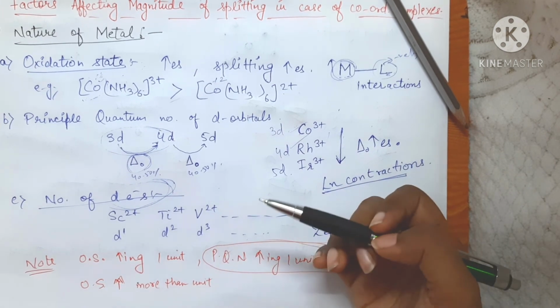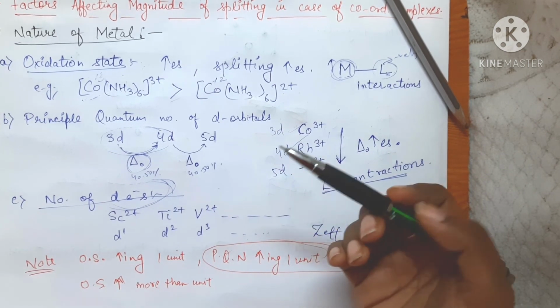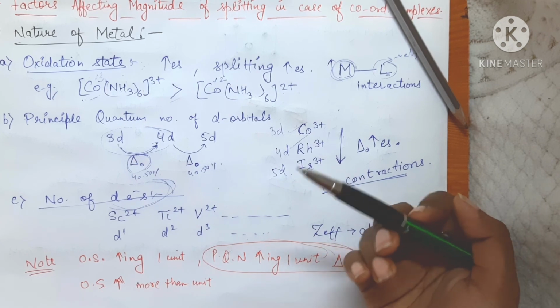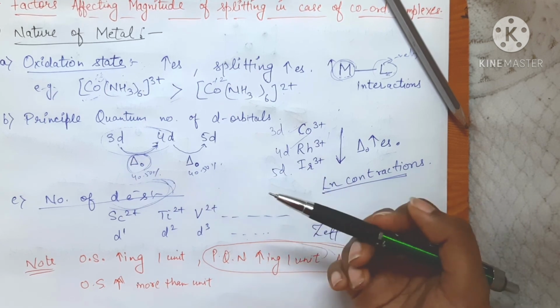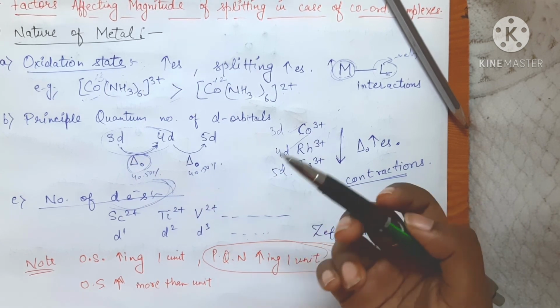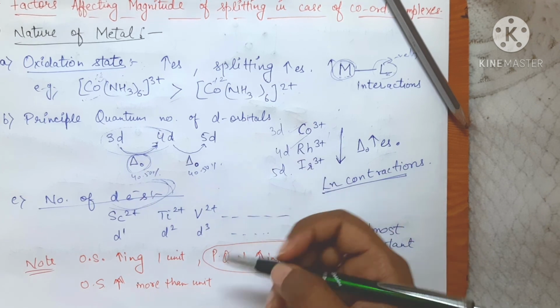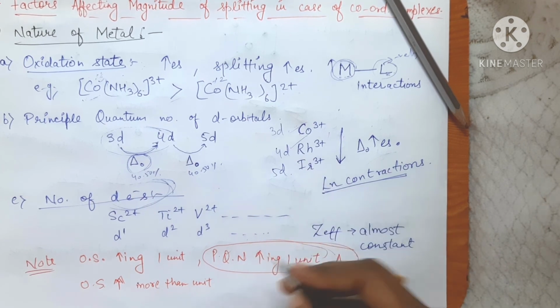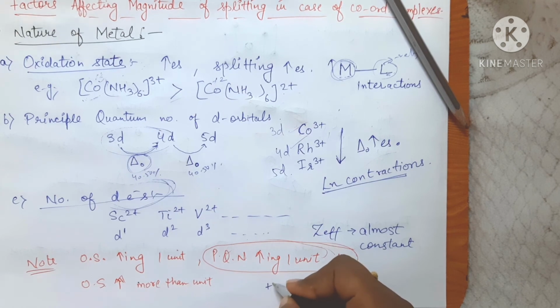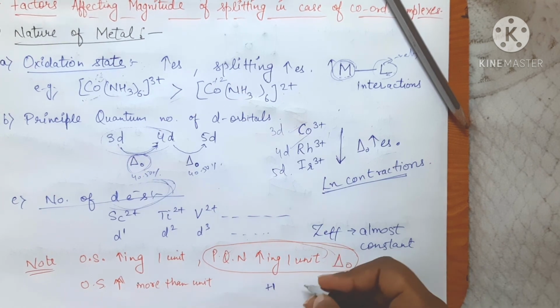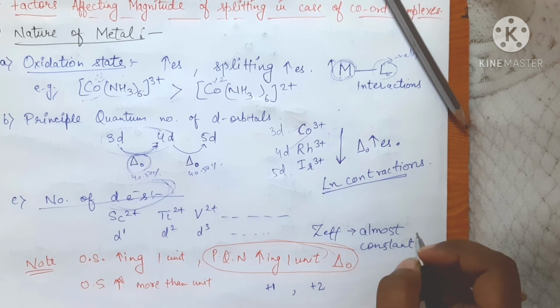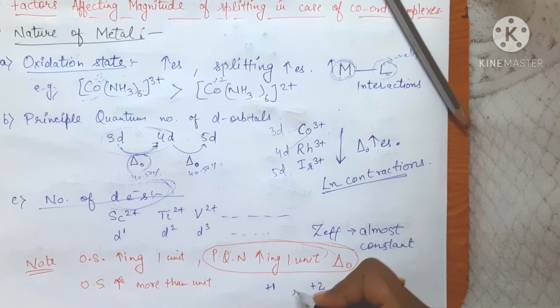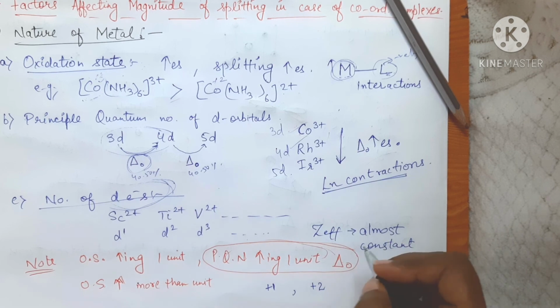Suppose we have been given two compounds, and both are having a difference of one oxidation state. In one compound there is +1 oxidation state of the central metal ion, and in the other compound there is +2 oxidation state, but there is also a difference of principal quantum number.